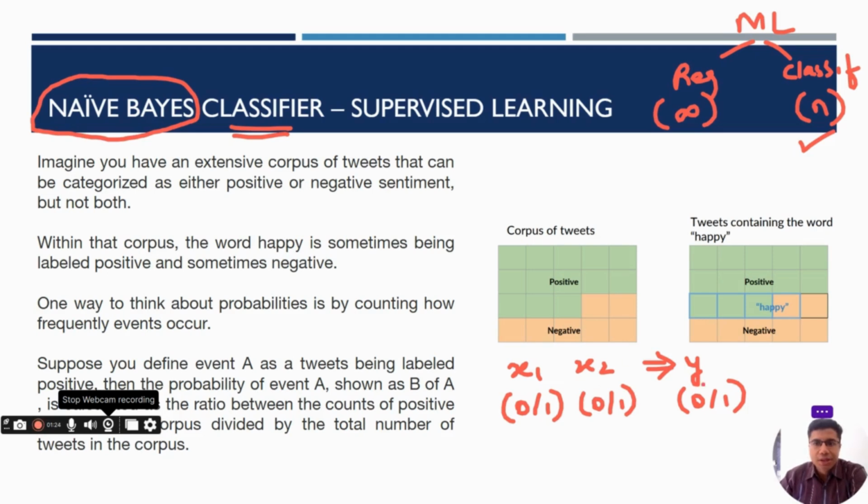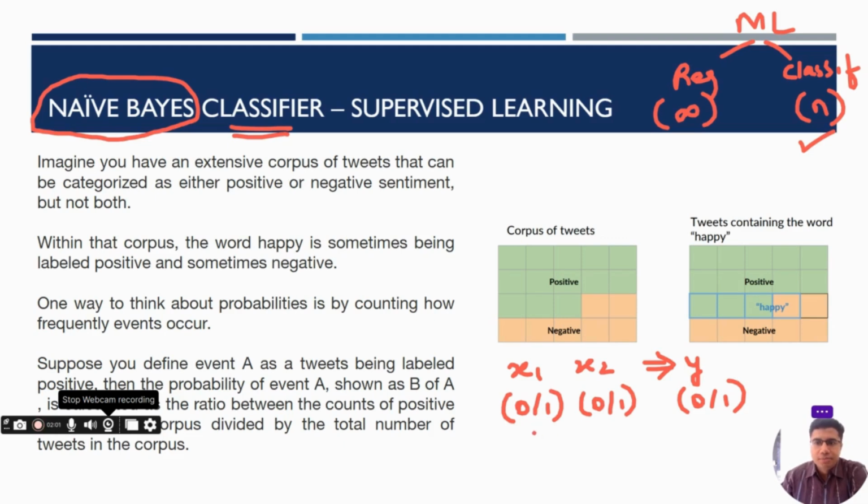These assumptions are taken to simplify the calculation. In reality, x1 and x2 can be numeric, continuous, binary, categorical, or ordinal. Y also can be categorical or binary. For simplifying the calculations and giving you an easy picture, we have assumed that x and y will be binary.